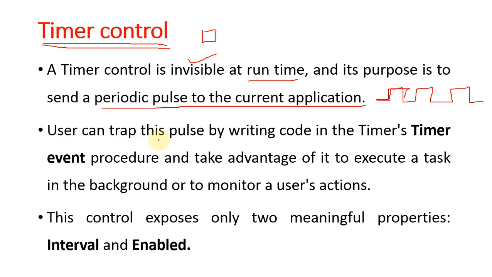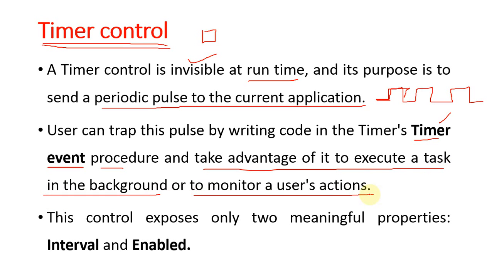A user can trap this pulse by writing code in the timer event, whether it is Timer1, Timer2 or Timer3. The timer has only one event, that is the Timer event. So in order to work with the timer, we need to put the code in the Timer event procedure, and take advantage of it to execute tasks in the background or to monitor users' actions.